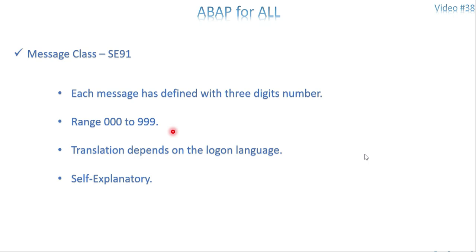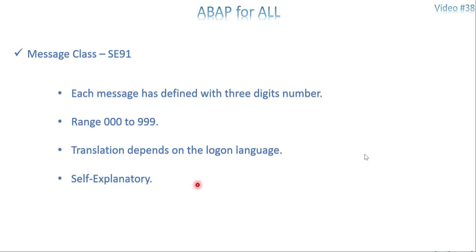One message class can have 1,000 messages, and it's not sequential. Sometimes people working on the same project might divide the same message class between their developments, like the first 100 for this phase and the second 100 for the second phase. That is the reason it's not sequential. You can also pick numbers randomly and keep whatever messages are required.